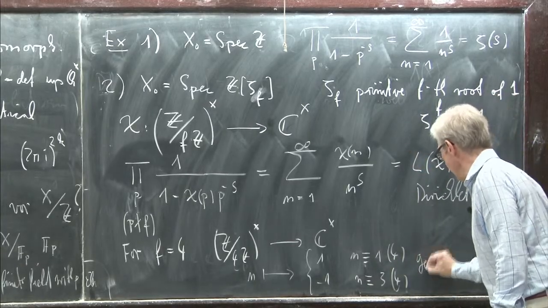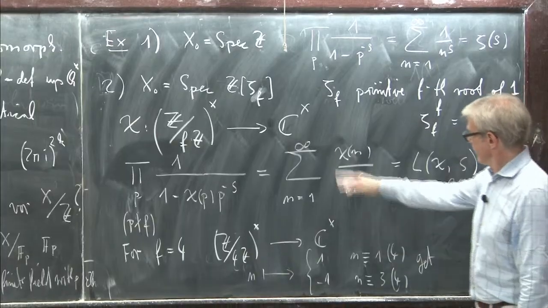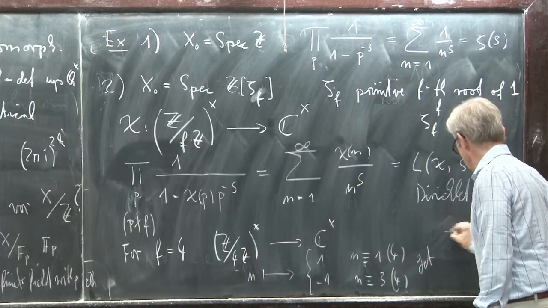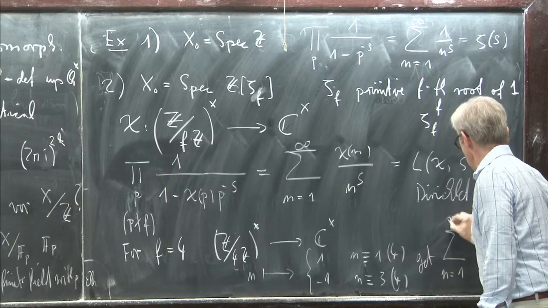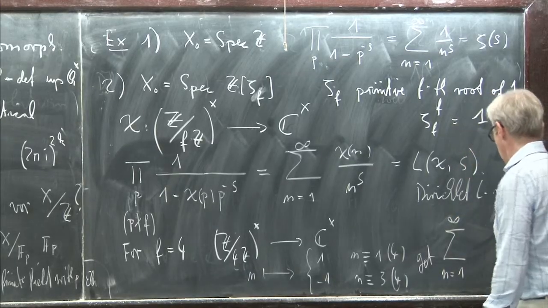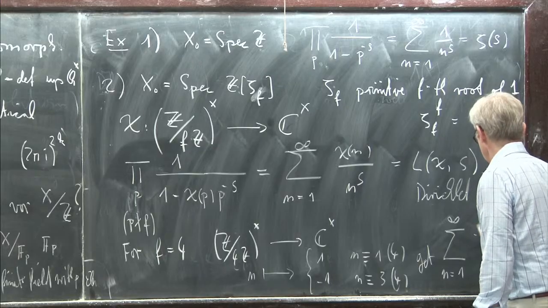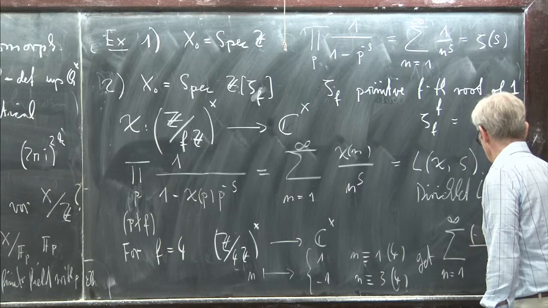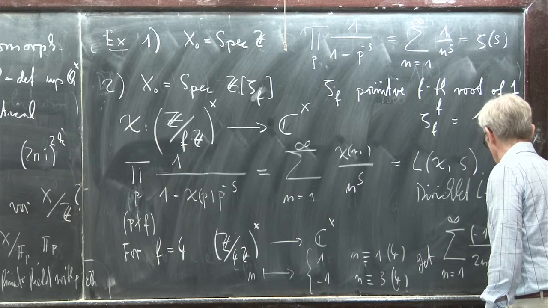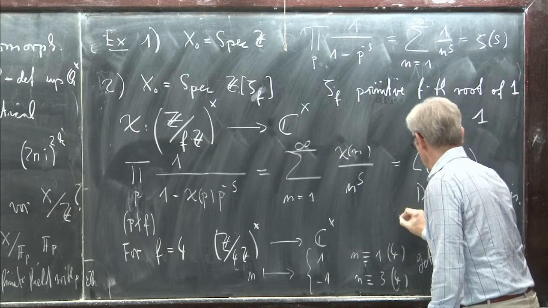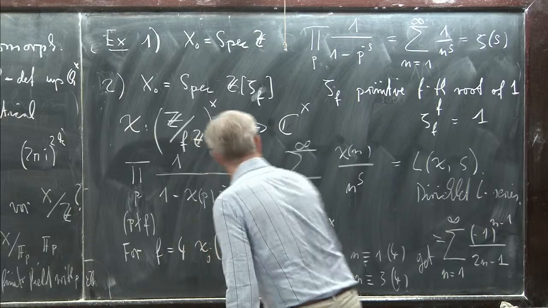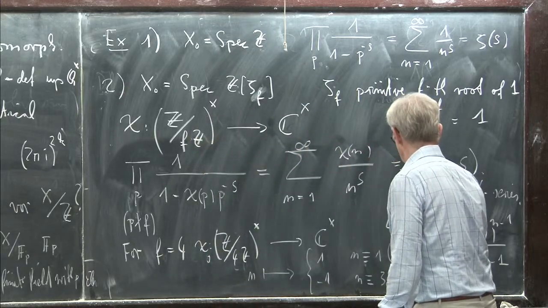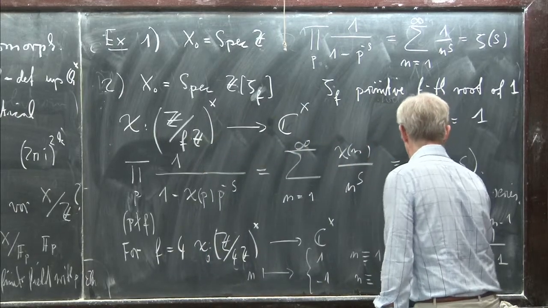And what we get here then as a Dirichlet L function is something we have seen before. This is the series sum over n to infinity of minus 1 to the n minus 1 divided by 2n minus 1. And for this specific character, maybe I should give it a name, chi 0, this is the L value of chi 0 at 1.